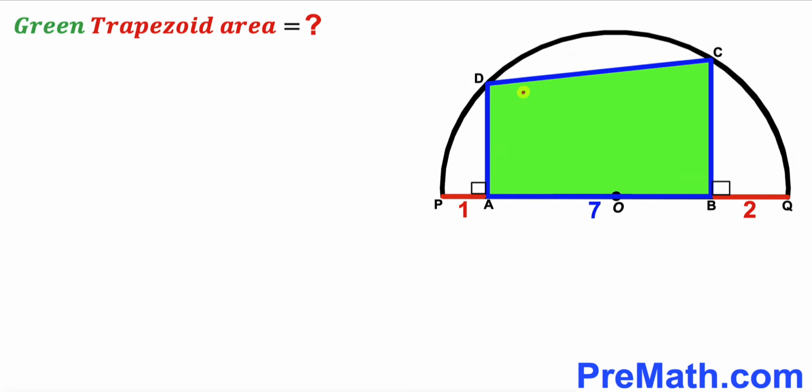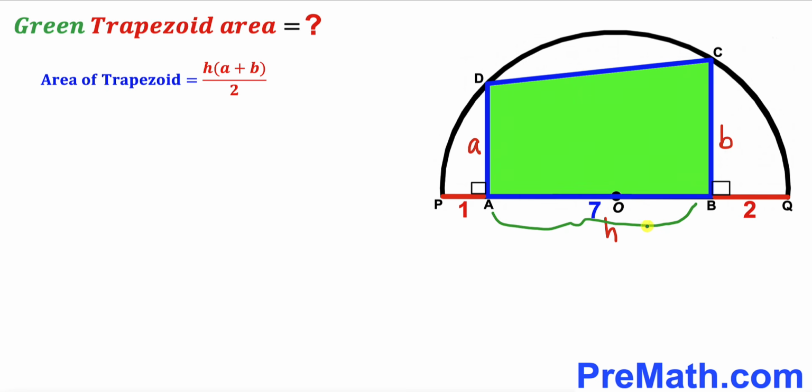Since we are interested in calculating the area of this green shaded trapezoid ABCD, let's recall the area of a trapezoid formula. Area is always equal to the height h times the sum of the bases a and b all over 2. In our case, this segment AB is our height h.